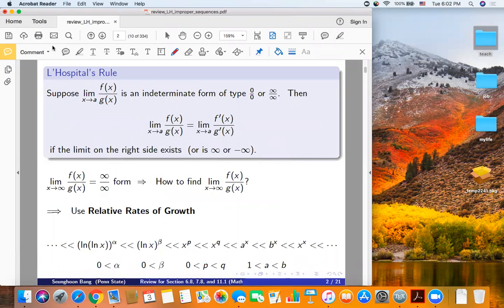I'm going to give one simple example using relative rate of growth. Could you answer this equation?